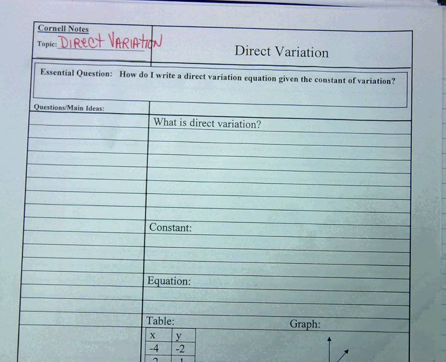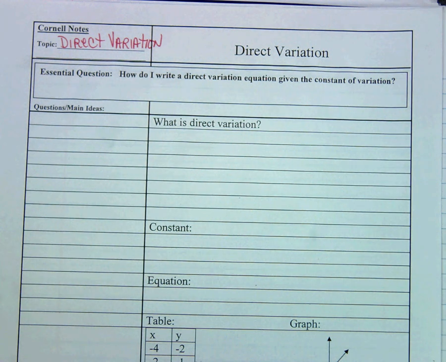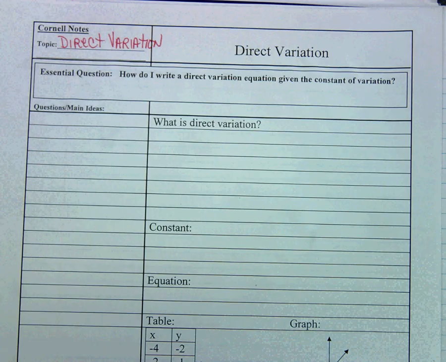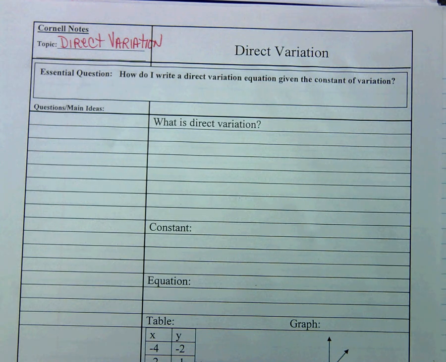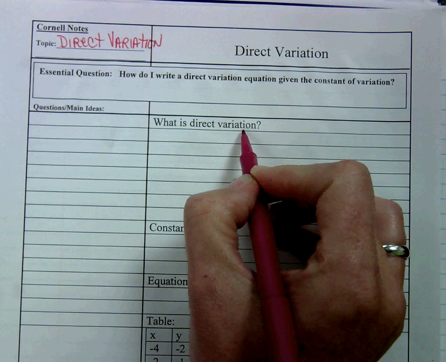Okay, in this lesson we're going to look at direct variation. We're going to elaborate more on this in class, but I wanted to get you started on identifying direct variation. First of all, what is direct variation?